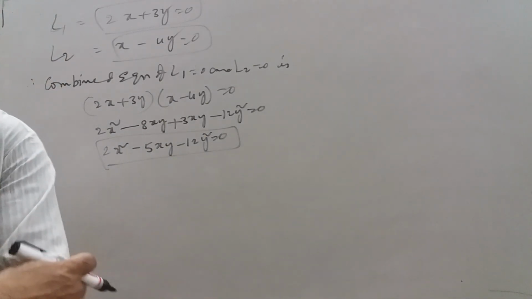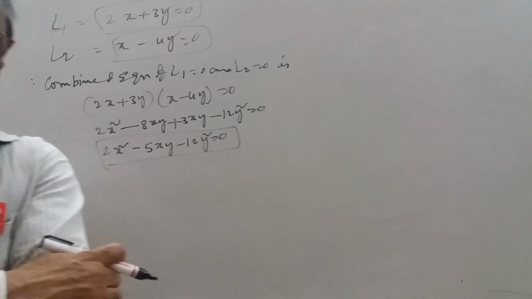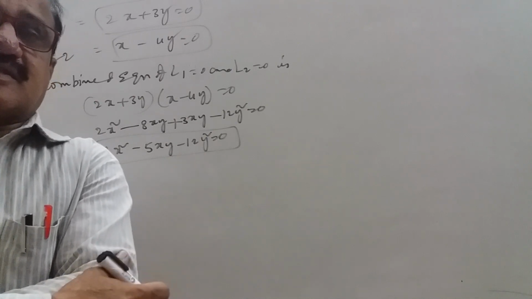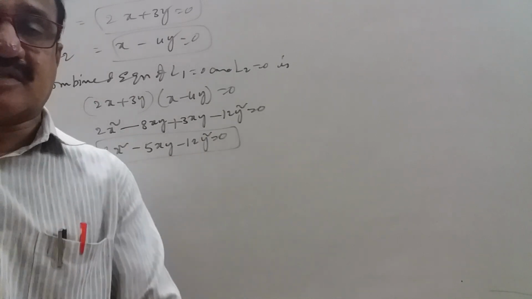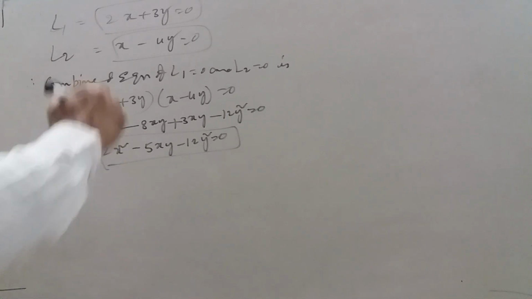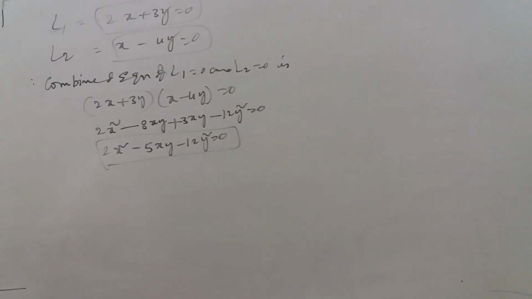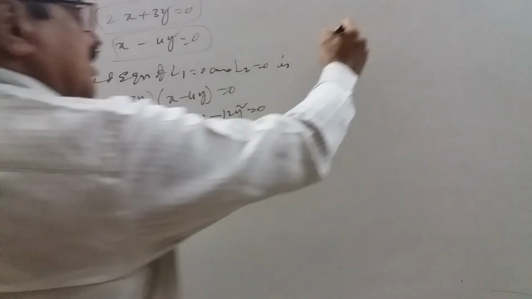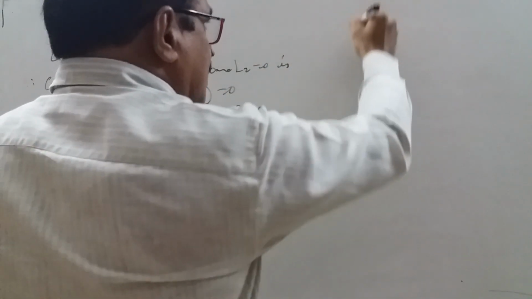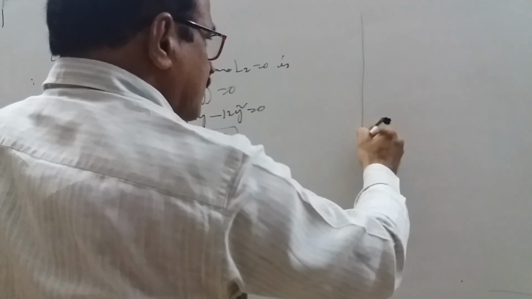If ax plus by plus c is equal to 0, and c is not equal to 0, it does not pass through the origin. But here it is in the form ax plus by is equal to 0. So these two straight lines are passing through 0, so the combined equation also passes through the origin. The graph may be like this.